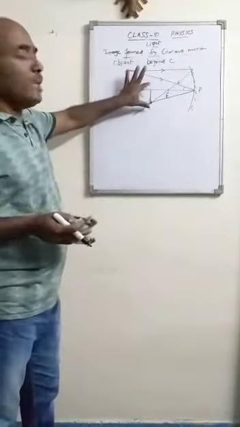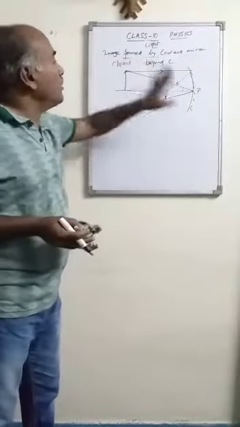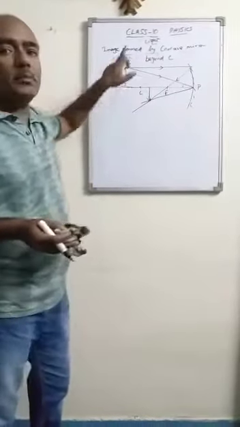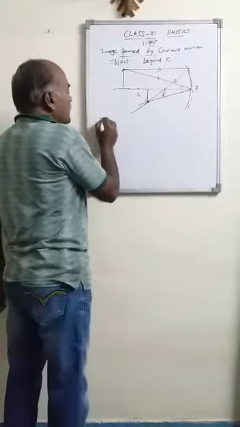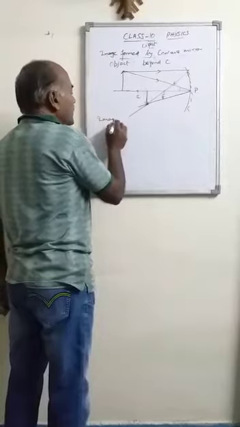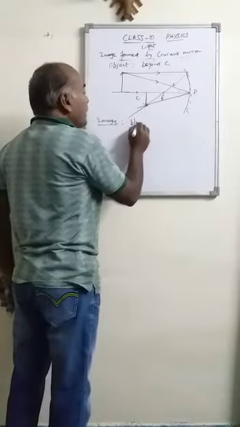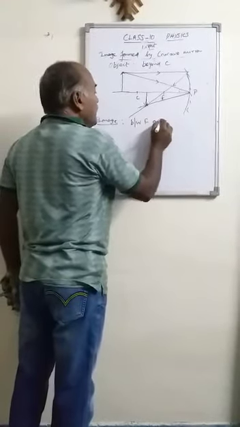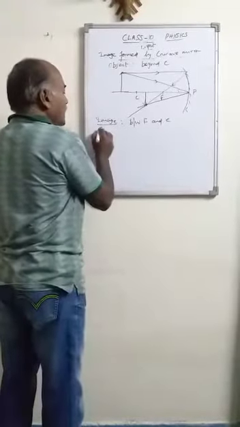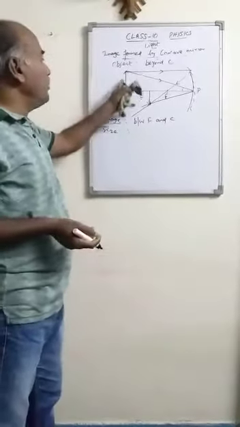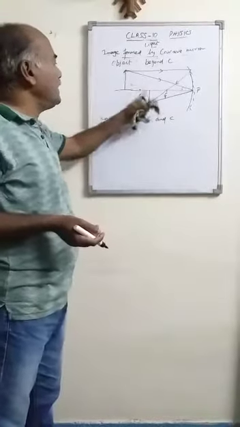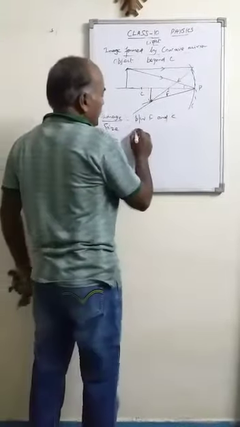So this is the image formed by the concave mirror when the object is placed beyond the center of curvature. The position of the image is between F and C. And the size, if you see from the diagram itself, comparing the size of object and image, is smaller than the object.